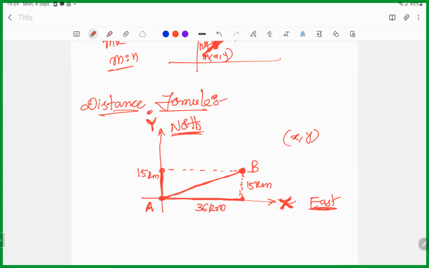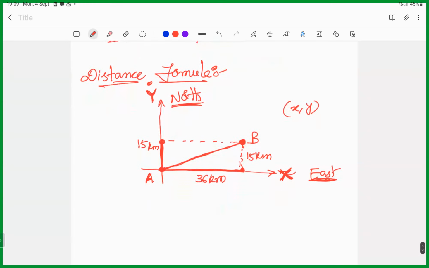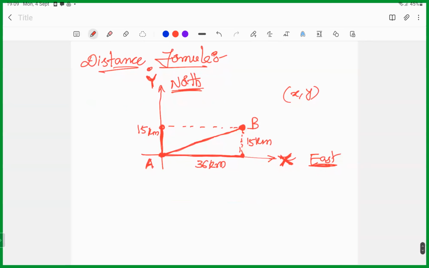Now we need to find out the distance between the two towns. So means the distance which joins point A to point B. We need to find out the distance AB, right? Without actually measuring it. So this is how we can represent it in a graph, right?